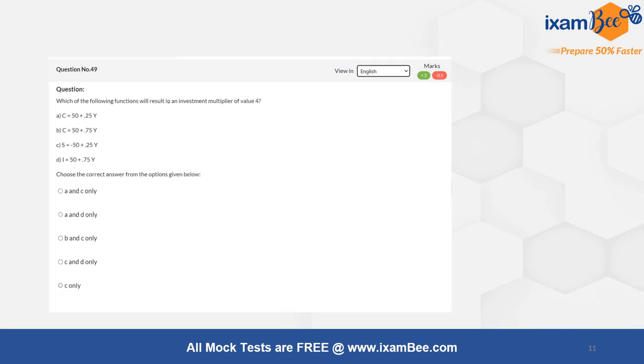Next question, which of the following functions will result in an investment multiplier of value 4? So multiplier is given by 1 upon 1 minus MPC. This is the multiplier formula, investment multiplier, right? So the value of MPC should be such that this whole thing is equal to 4. Now here C is equal to 50 plus 0.25 Y, right?